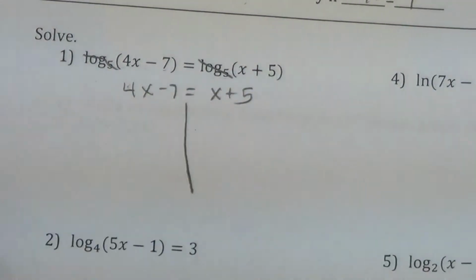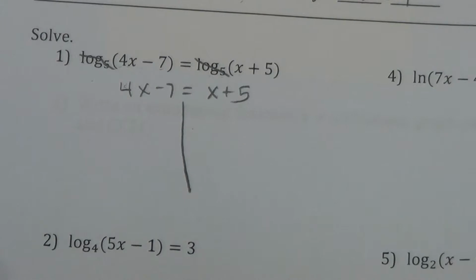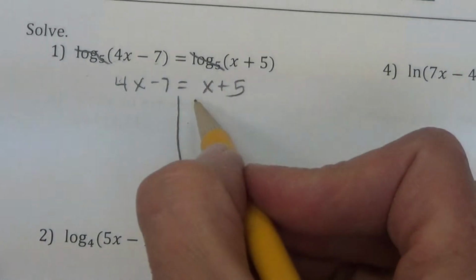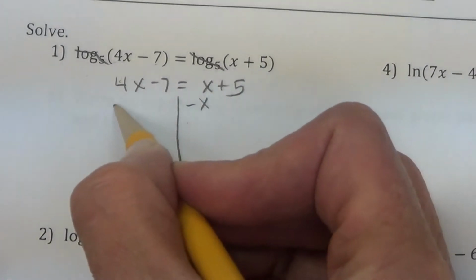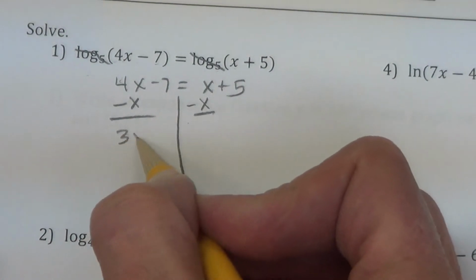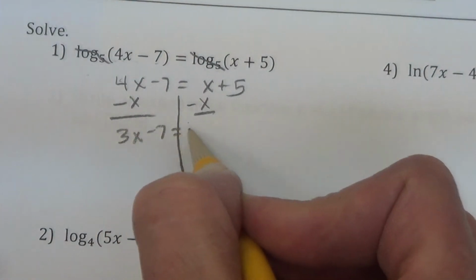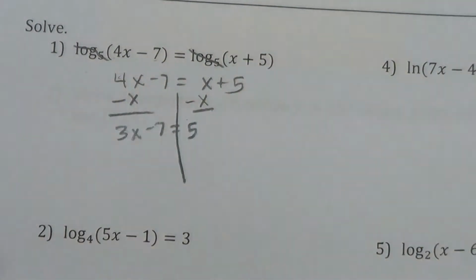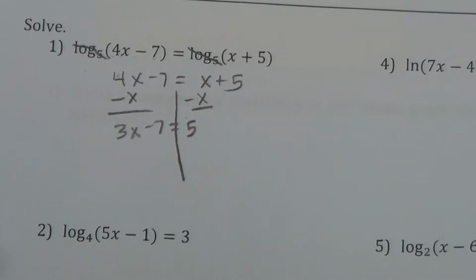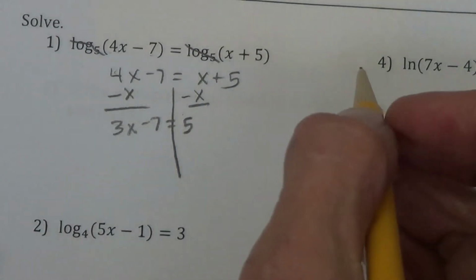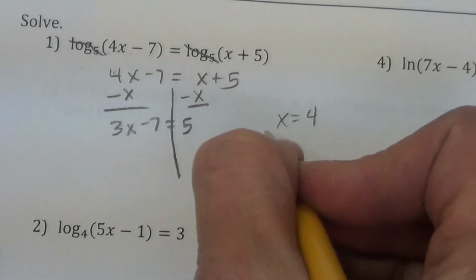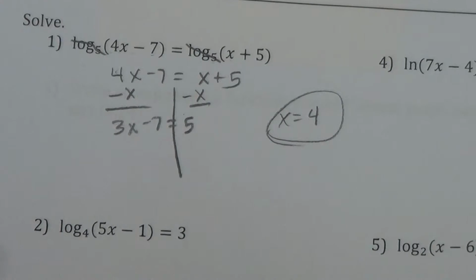That's just a basic algebra problem again, where you gather your x's to one side. If you were saying that you would subtract x, that's the way I would do it too. So we have 3x minus 7 equals 5. And now solve from there. I don't think that I need to step you through that part. If you don't get 4 as your answer, then make sure and ask at the beginning of class.